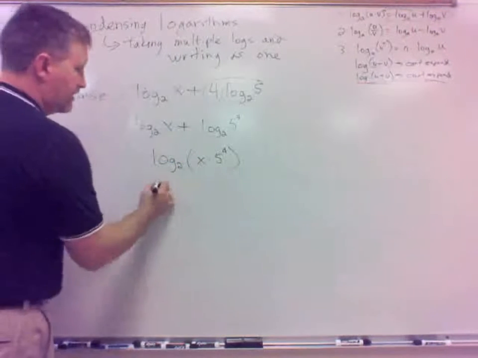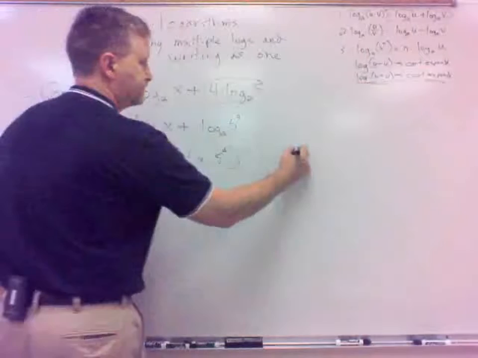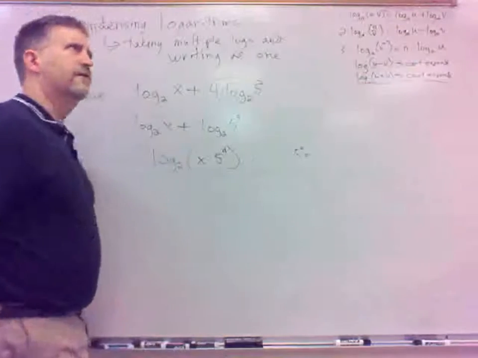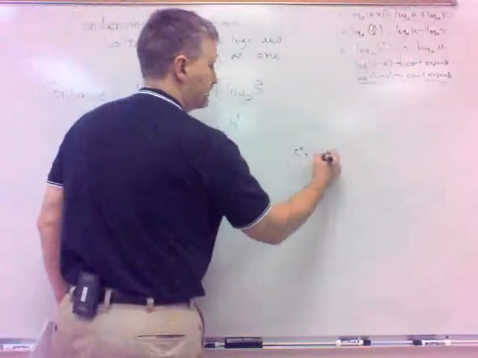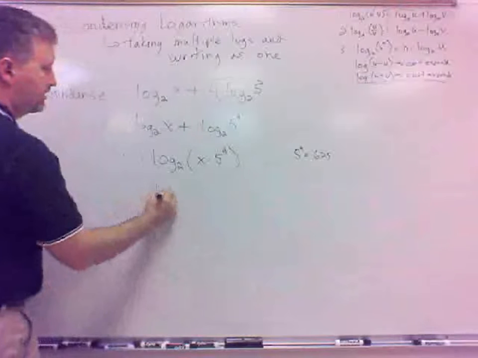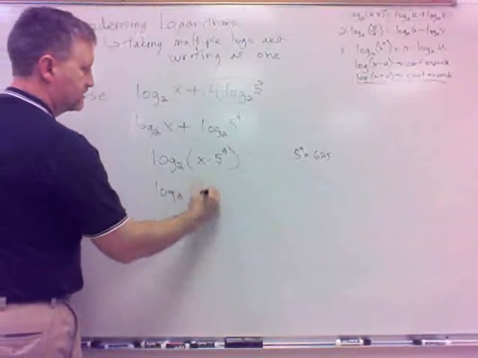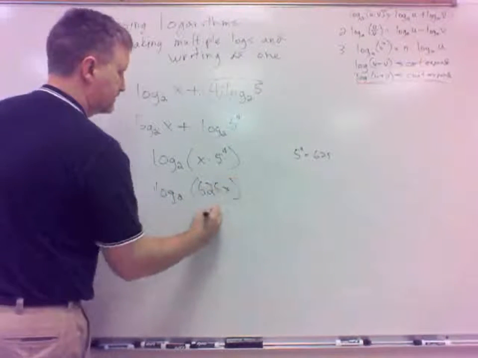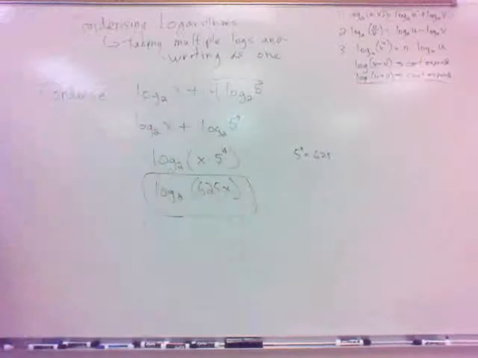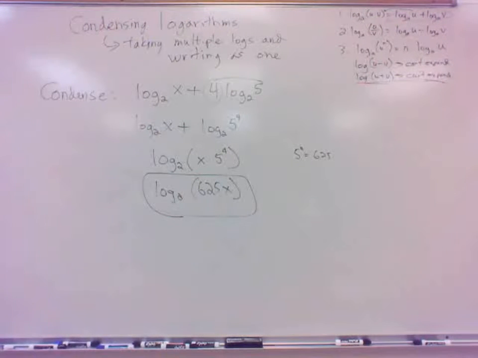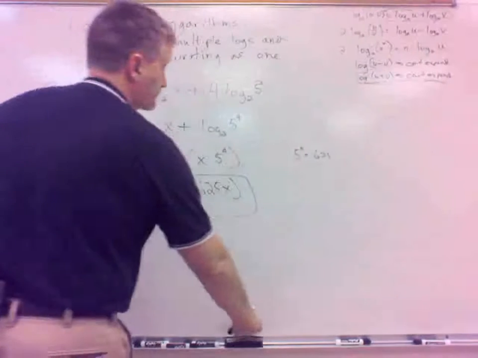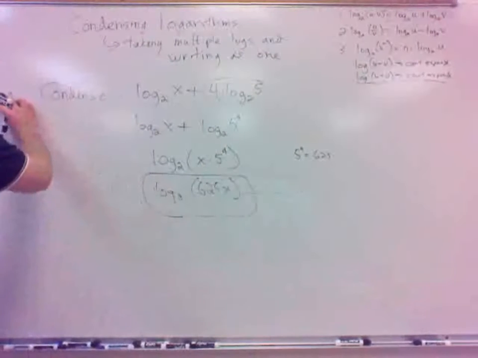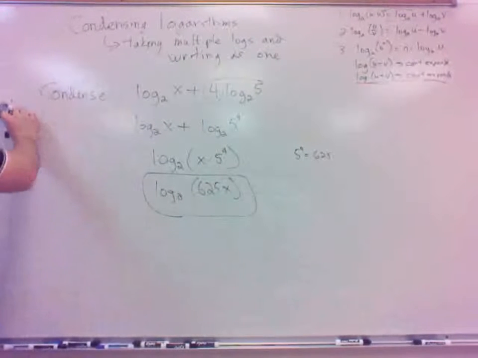Now I clean that up. What is 5 to the 4th? 625? And so probably the best way to write this would be 625x. It'd be okay that way, but it looks a little better just to say log base 2 of 625x. All right? So it is just working in reverse.